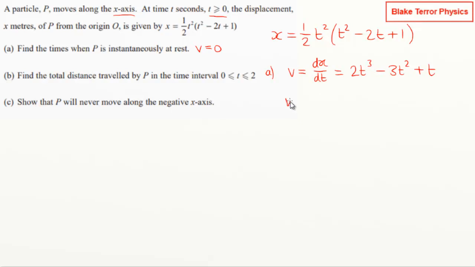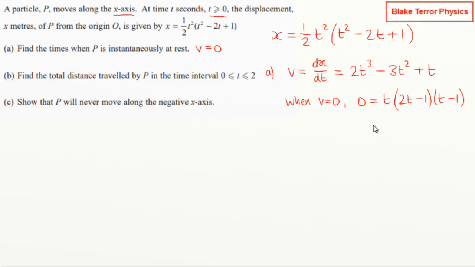And then we can say when v equals 0, well, we need to factorize all of this, don't we? We're going to have 0 is equal to t, that's one factor, and 2t squared minus 3t plus 1, yeah, that is going to factorize into 2t minus 1 and t minus 1.